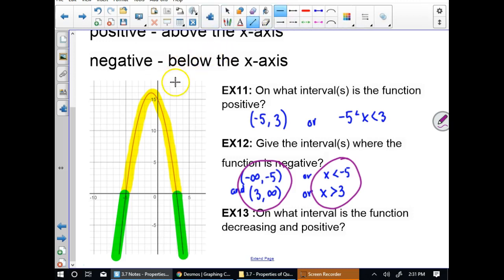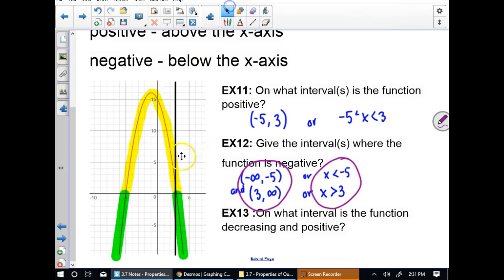So if you think of drawing in a vertical line right there at 3, we are looking at the x values. So right here, our x values are 3 and more. So 3 to positive infinity. Right here, we always have to start with the lowest, so we go from negative infinity up to negative 5. We start over here at negative infinity.